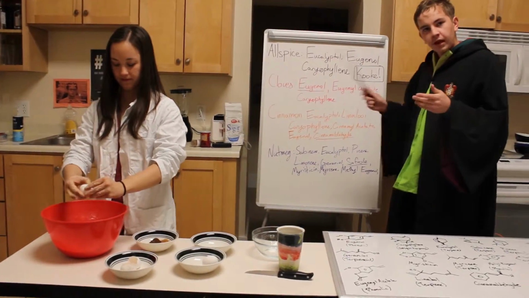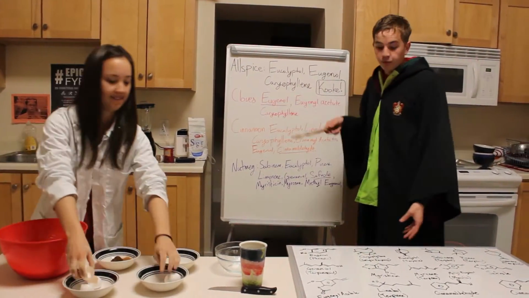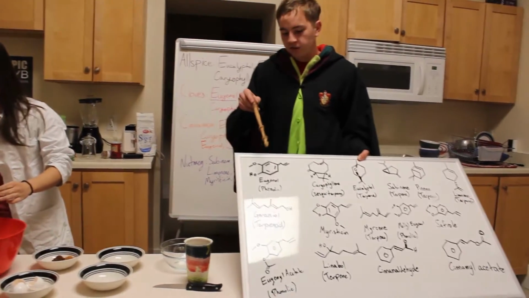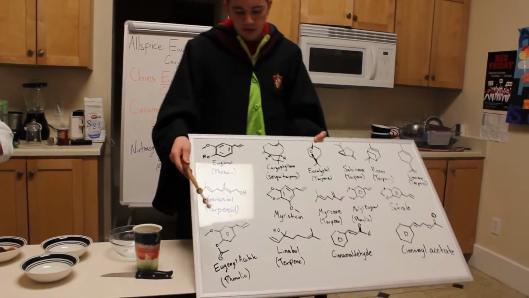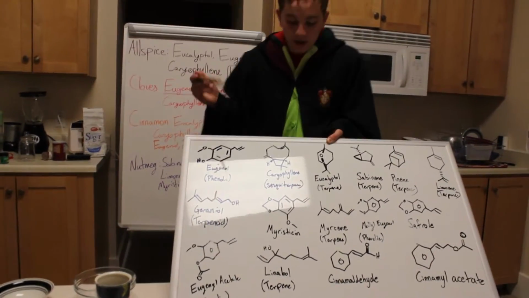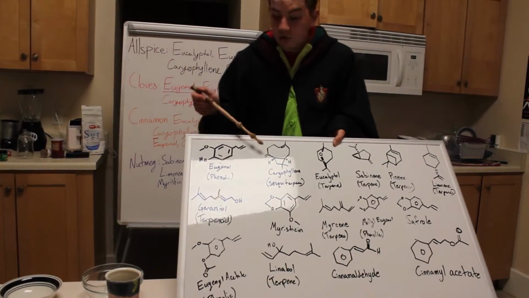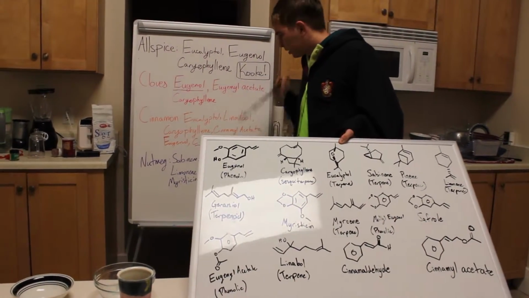And I'm just going to get back to our cute little compounds here. So once again, for cloves, we do have eugenol, which is the big one for cloves, and then we have eugenyl acetate, which is right here, followed by, once again, caryophyllene, which is right here, once again a terpene. For cinnamon, we have a whole slew of things going on here.